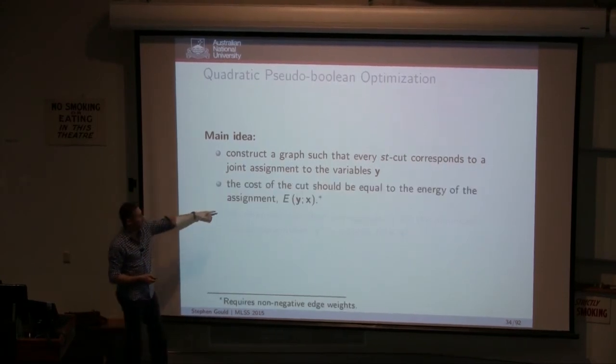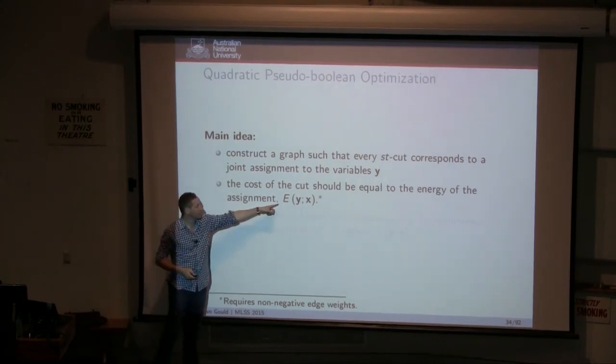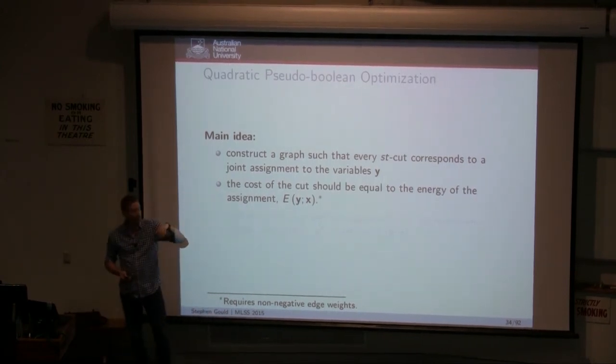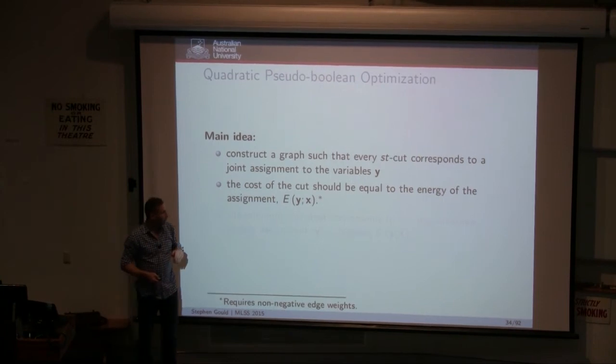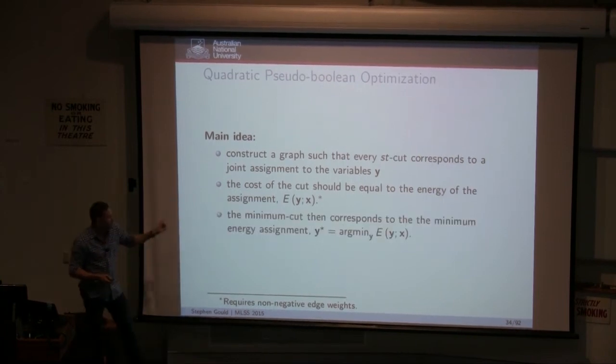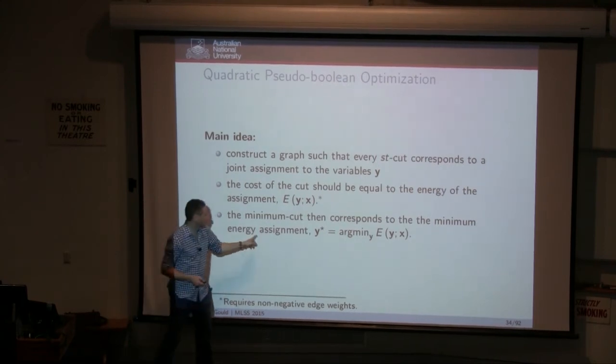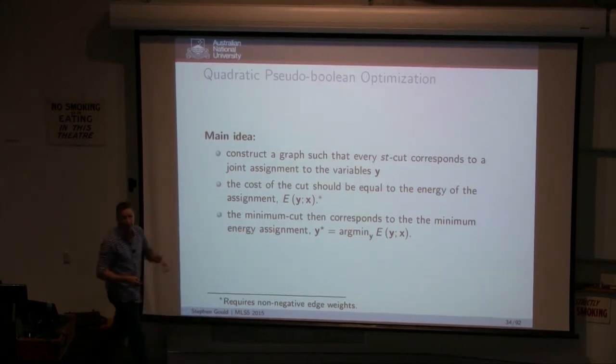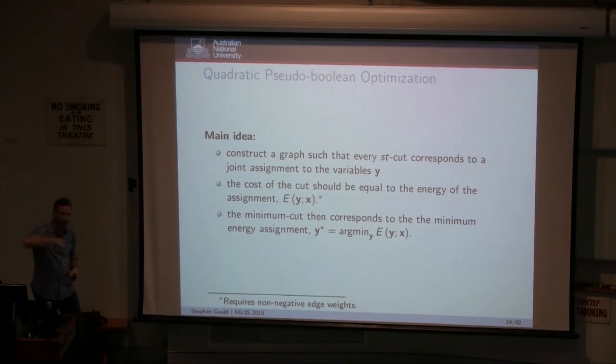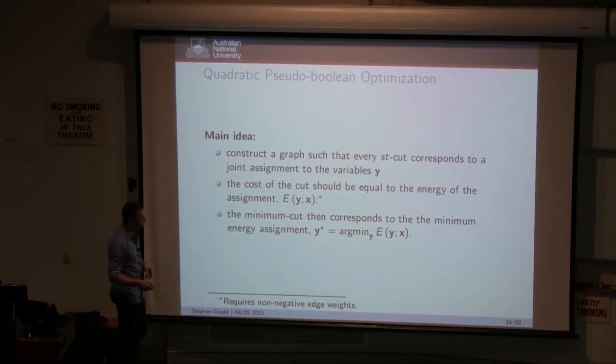The cost of the cut is going to be equal to the energy of that assignment. And the minimum cut, therefore, is going to correspond to the minimizing assignment. Okay? If I can find the minimum cut in the graph, then I found the minimum assignment to the variables.